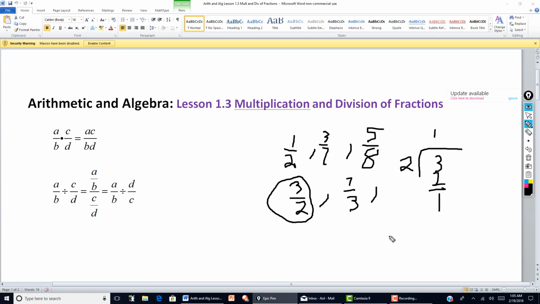So 3/2 would be the same thing as 1 and 1/2, which is basically the same thing as saying 1 plus 1/2. But we'll get into addition and subtraction in the next video.